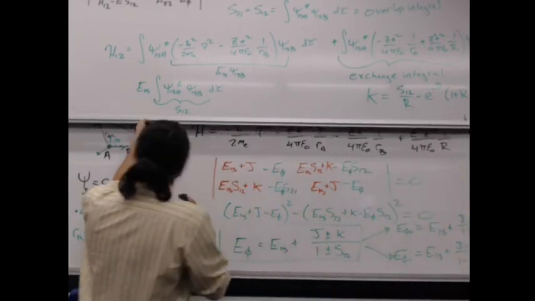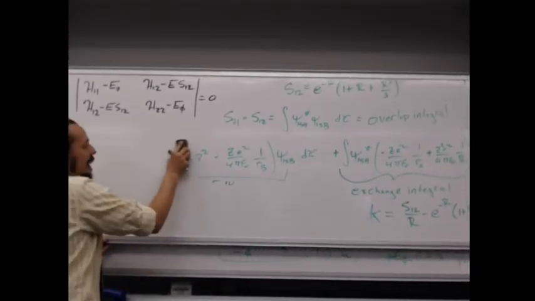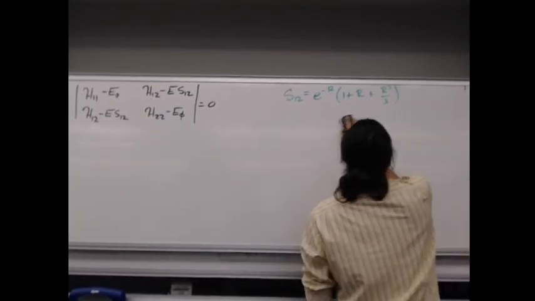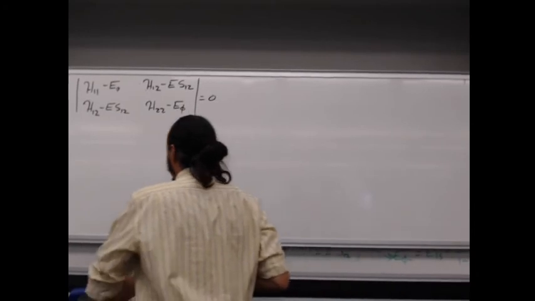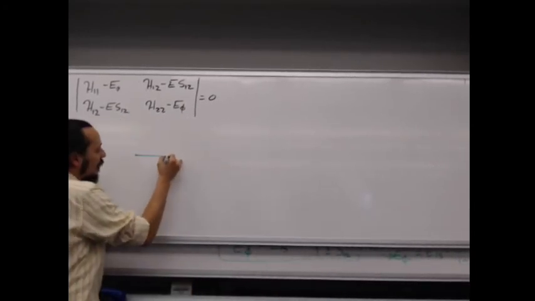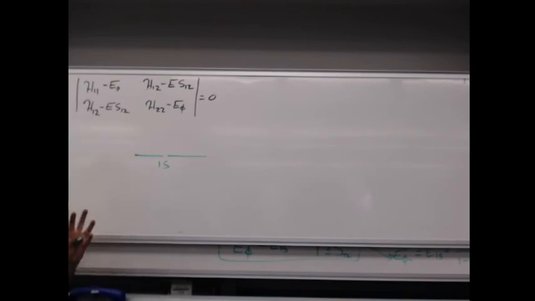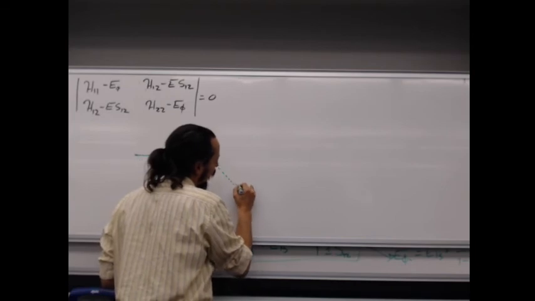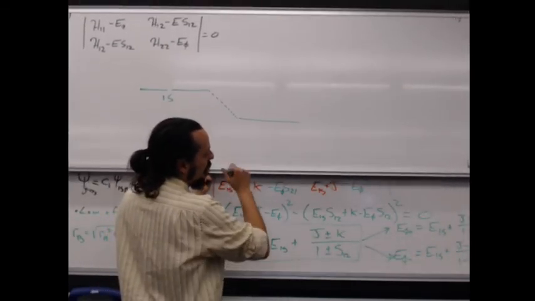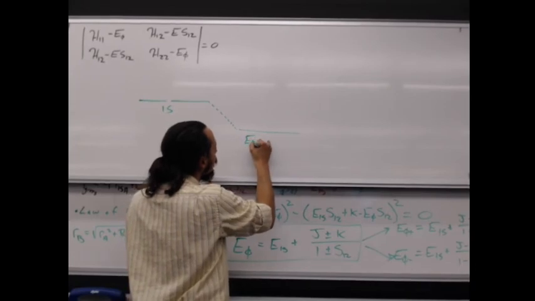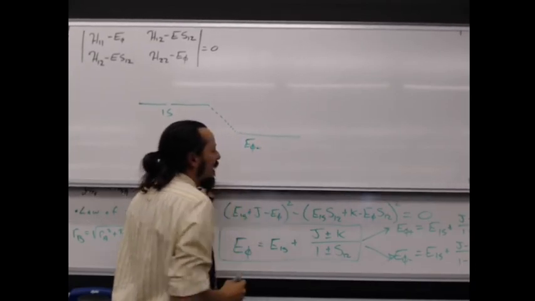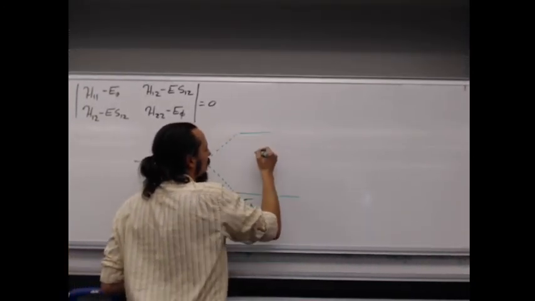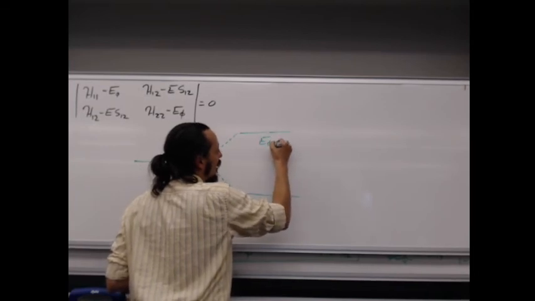If we wanted to draw a picture to try and represent what's happening here, we might draw something where we've gone from having two 1s energies, and we often draw this a little bit differently, and we've gone down in energy some amount for our E phi minus, and we've gone up in energy some amount for our E phi plus.